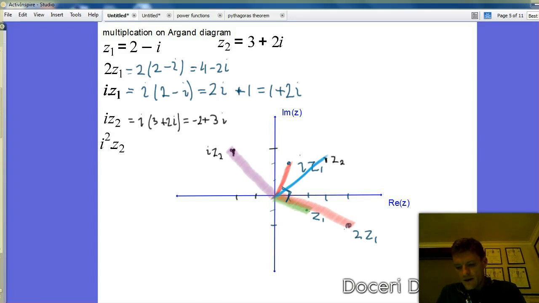Again, they are at 90 degrees to each other, right angles. In fact, the role of multiplying by i is a rotation by 90 degrees in the anti-clockwise direction. Can we see we've gone this way, and in the first one we've gone that way. So 90 degrees in an anti-clockwise direction.